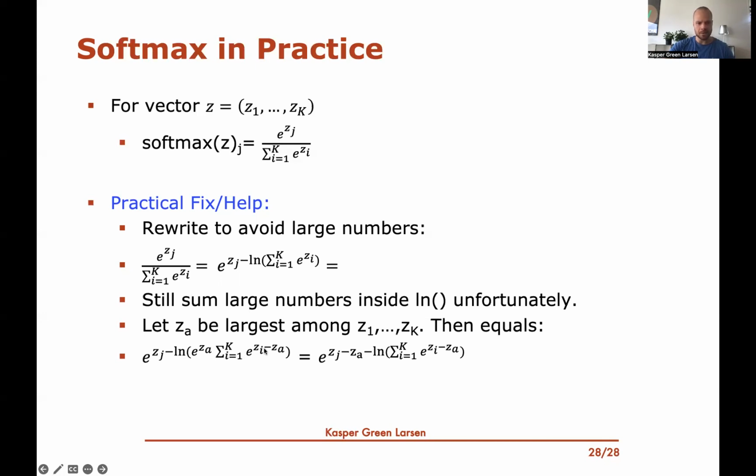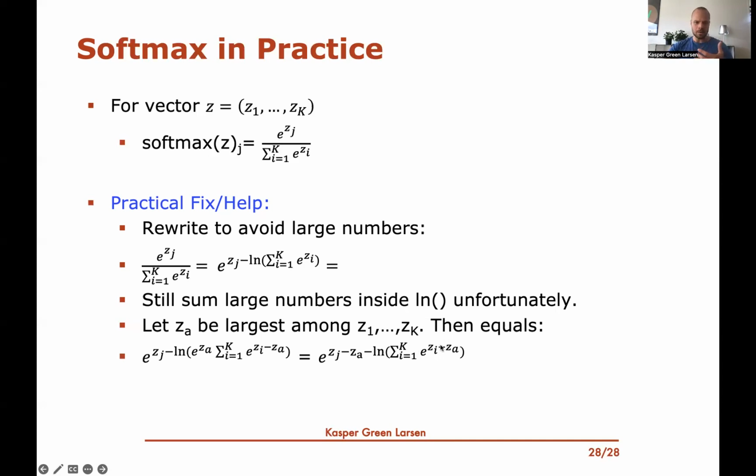Each of the terms inside the sum then has to be divided by e to the z_a, but that's the same as subtracting z_a from each of these exponents. The e to the z_a just moves outside as a z_a additive term. So now we have e to the z_j minus z_a minus the log of this sum here.